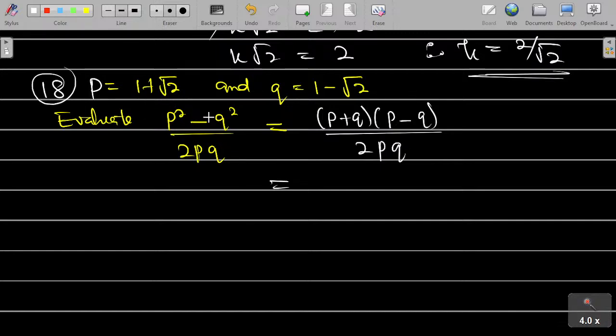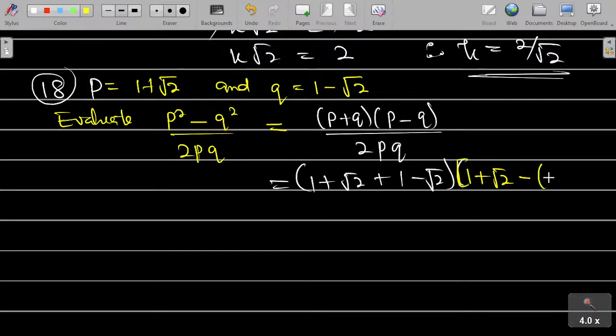What is our P? 1 plus root 2. And what is our Q? 1 minus root 2. Good. Then open another bracket, our P, 1 plus root 2 minus our Q. You know, when you have minus and you have two terms, you need to put it in another bracket.